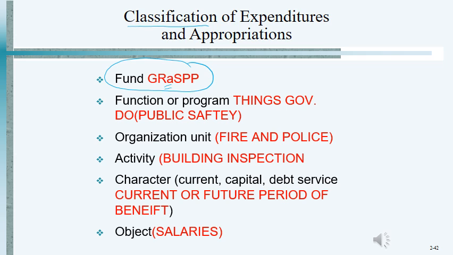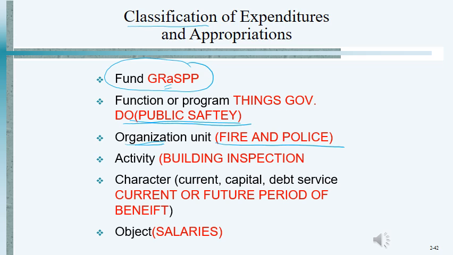Okay, then what? Then remember we saw public safety as a function. We saw that at the government-wide level, but remember I said, hey, there's similarity between the government-wide level and the fund level, and so I pointed out public safety there on our statement of revenues, expenditures, and changes in fund balance. We saw that. Then what? Then we have organizational units.